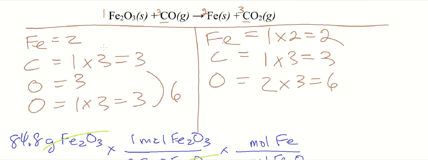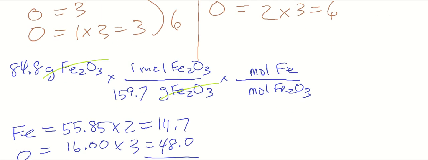So it's a 1 to 2 ratio. That's what we're going to use. Just too many colors. 1 to 2 ratio. Those units cancel out, top and bottom.